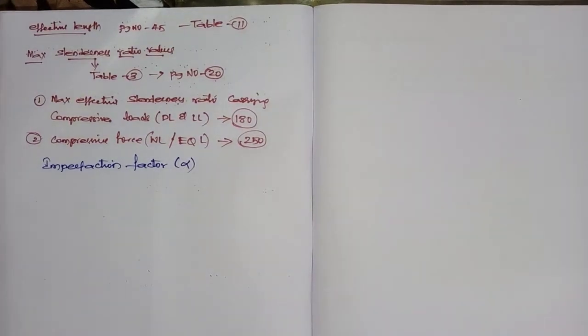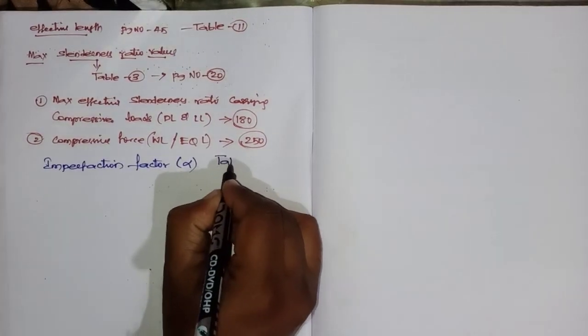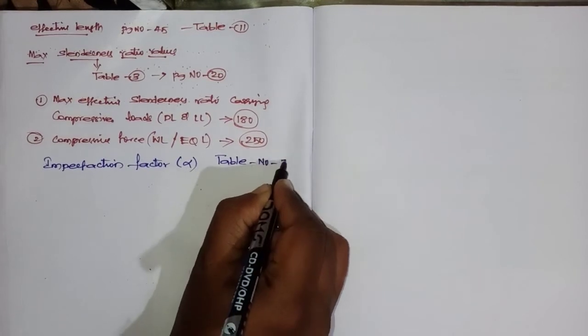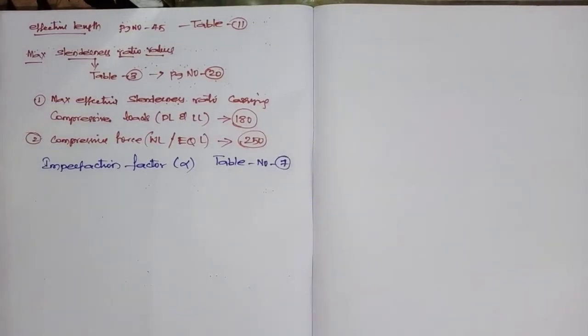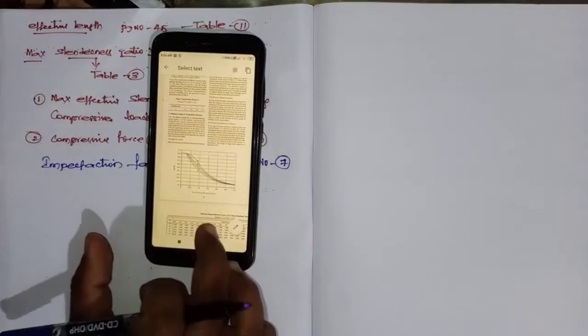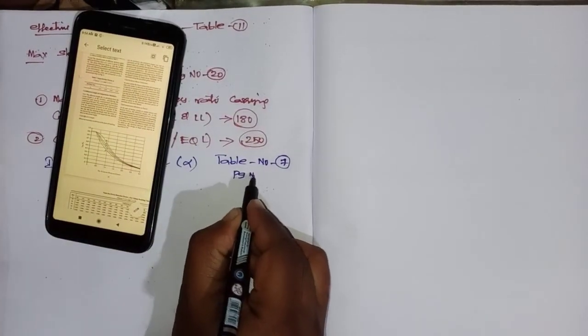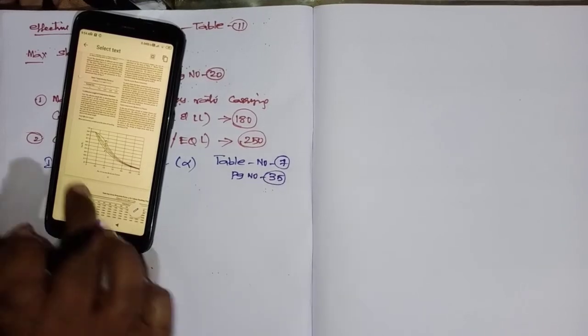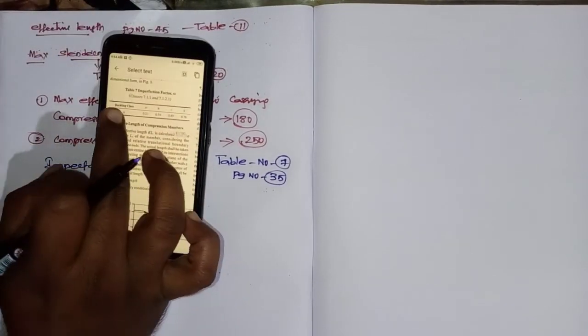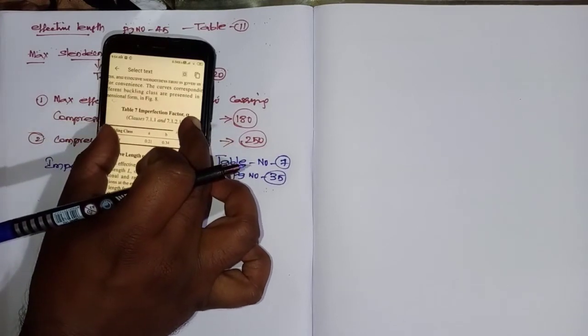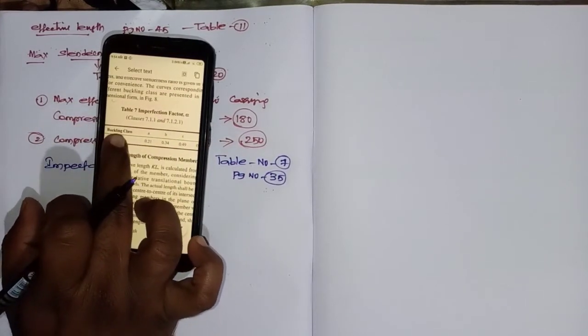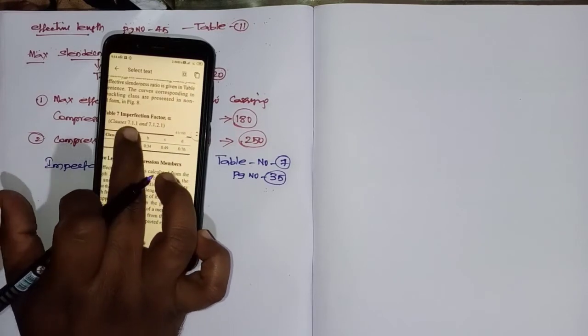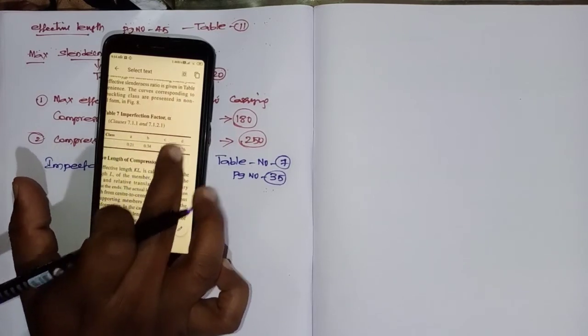This is also available in your code, table number 7, and the page number is 35. Page number 35. So if you see here, imperfection factor alpha, buckling class. How many buckling classes are there? 4. A, B, C and D, right?